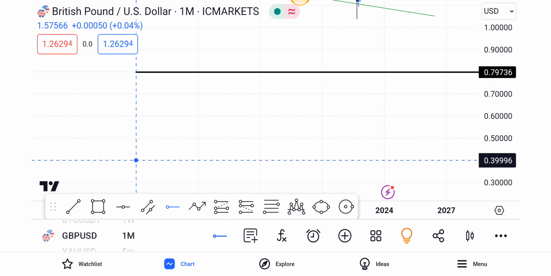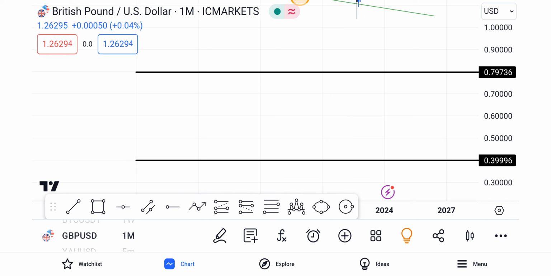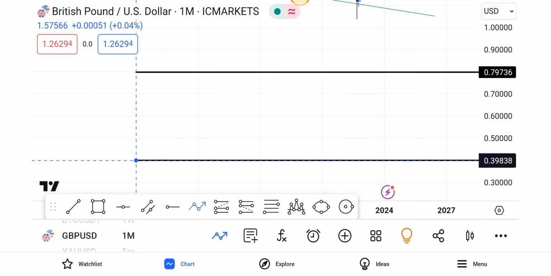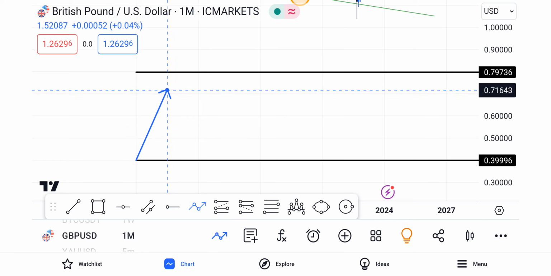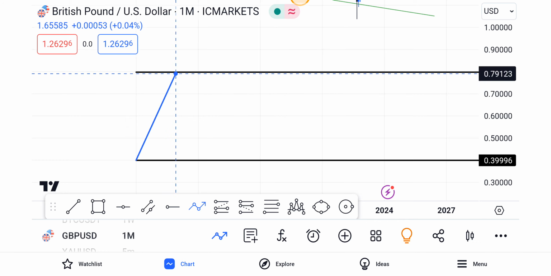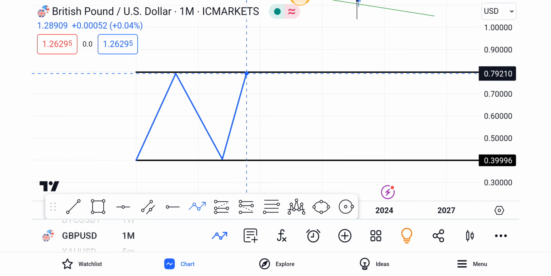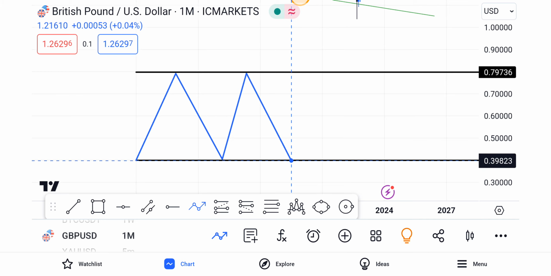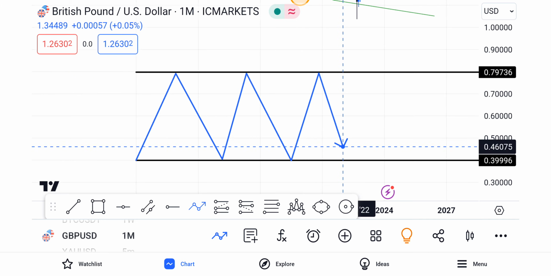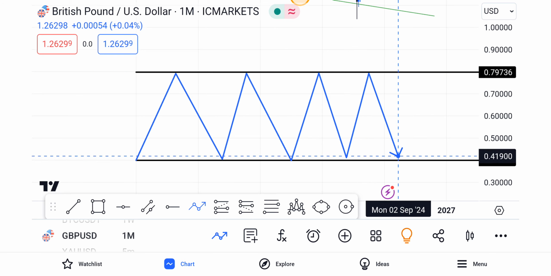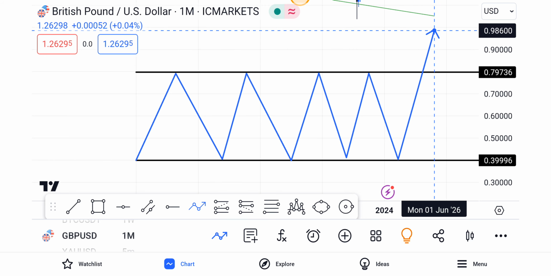This is a support area, this is a resistance area, and in this scenario, which we usually call a consolidation or accumulation, we will have price coming up to bounce off resistance, then bounce off support, back to resistance, back to support, and anticipating a potential breakout either to the upside or to the downside, depending also on the dominant market trend.